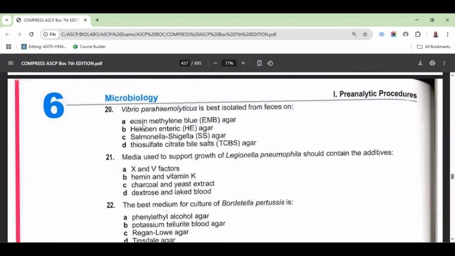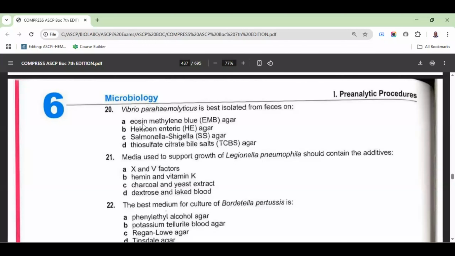When it comes to selection of culture media, it doesn't have much special. It is considered as Vibrio. Vibrio is best isolated from feces on EMB, Hektoen enteric, Salmonella Shigella, or thiosulfate citrate bile salts, TCBS.